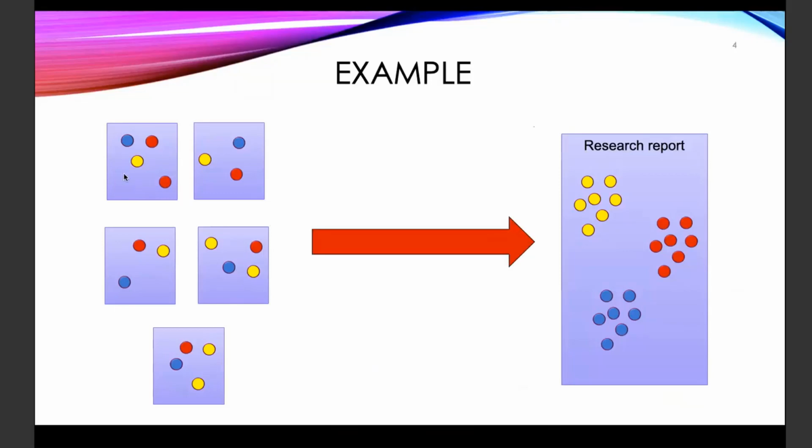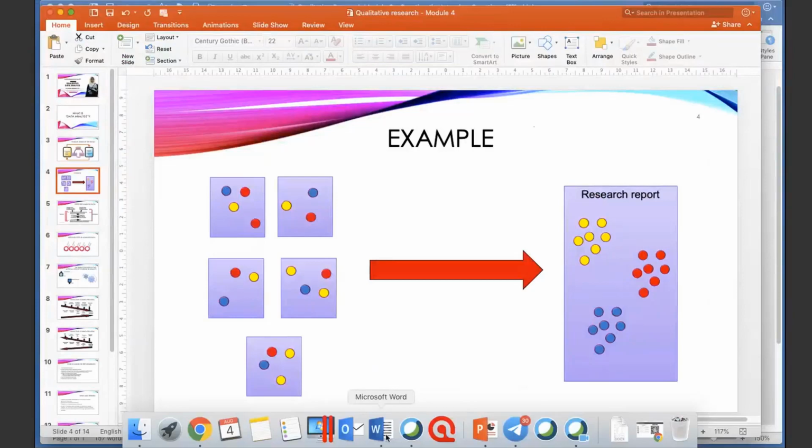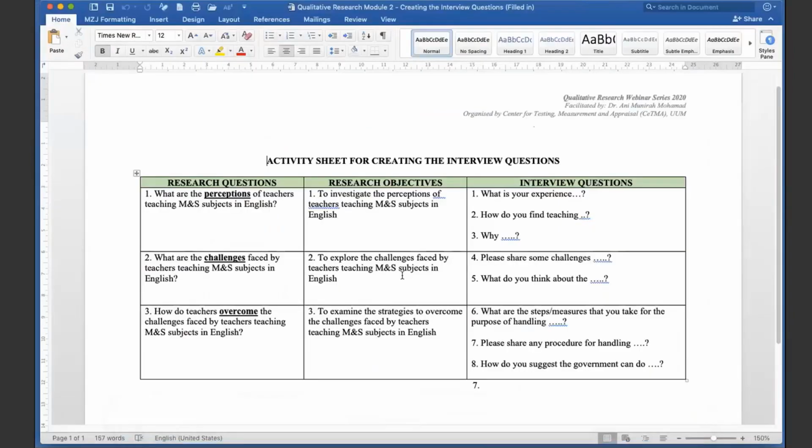Now, each of these data, if you can just go to my Microsoft document, you remember in our series number 1, which is for conceptualizing qualitative research, we practiced creating research questions, research objectives, as well as the interview questions.